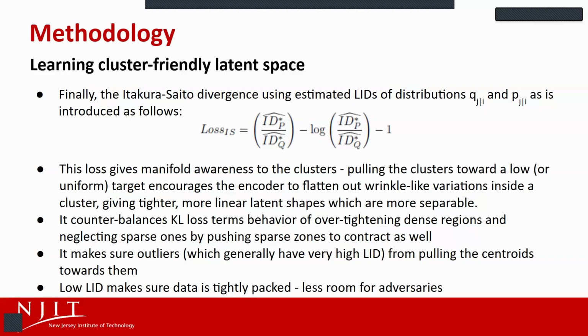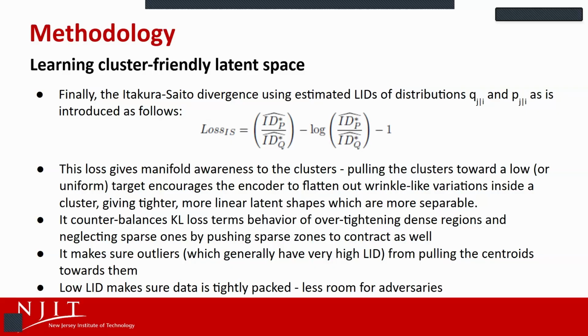On data whose neighborhood sizes vary roughly, the KL term can over-tighten dense regions and neglect sparse ones. An LID term counterbalances that by pushing sparse zones to contract as well. Low LID means that data is more tightly packed and hence there is less room for adversaries. Just optimizing P and Q leads to large clusters swallowing the smaller ones.